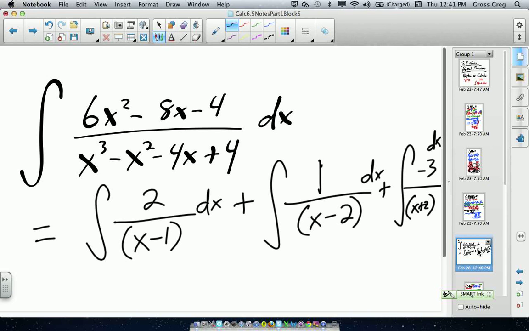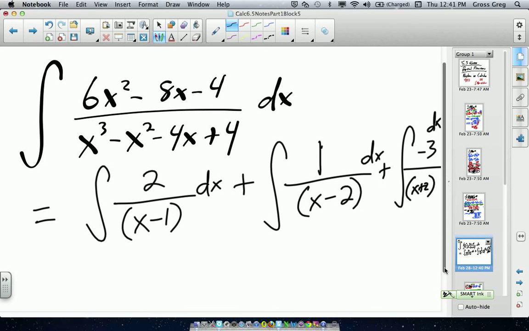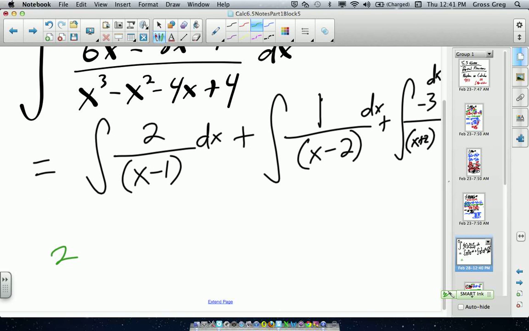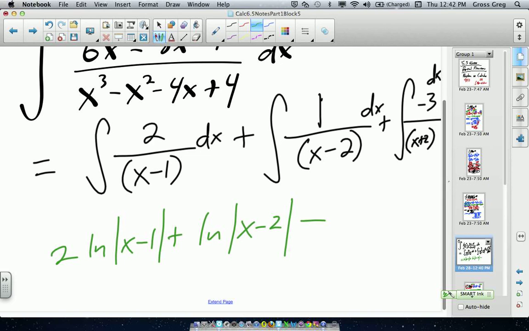So, okay. And now the actual calculus is pretty comfortable because it'll be 2 times the natural log of the absolute value of x minus 1, plus the natural log of the absolute value of x minus 2, and then minus 3 times the natural log of the absolute value of x plus 2, and all that's plus c.